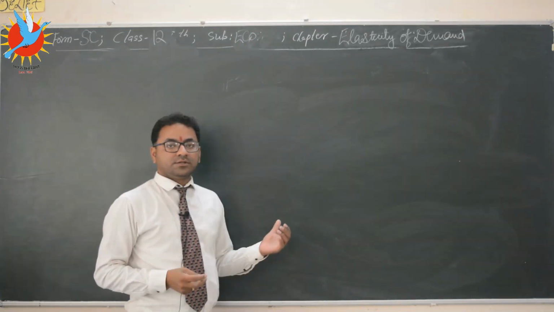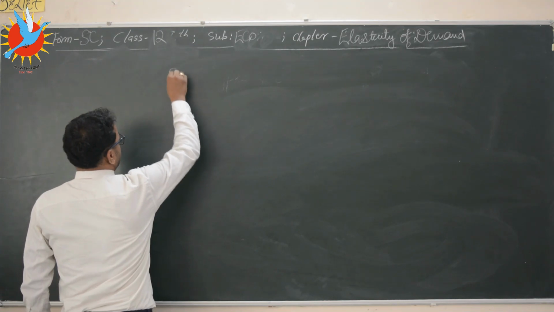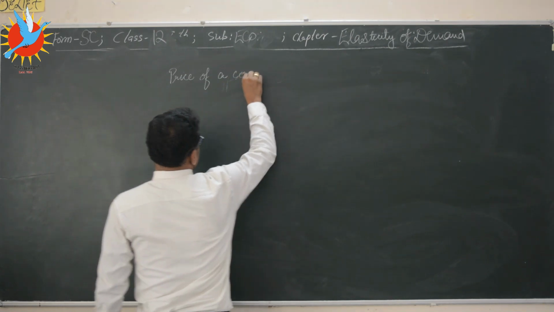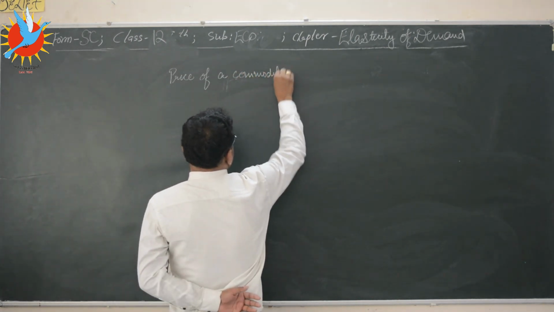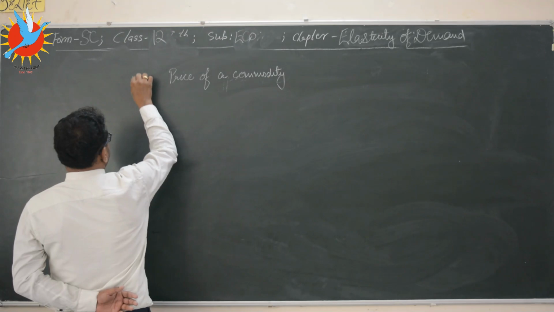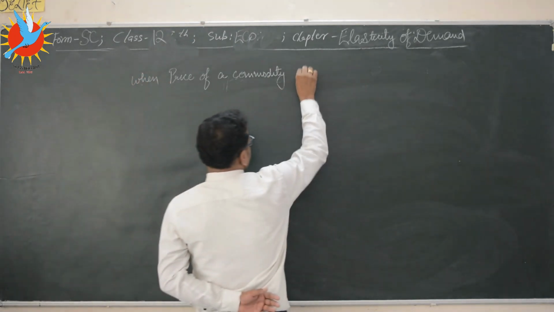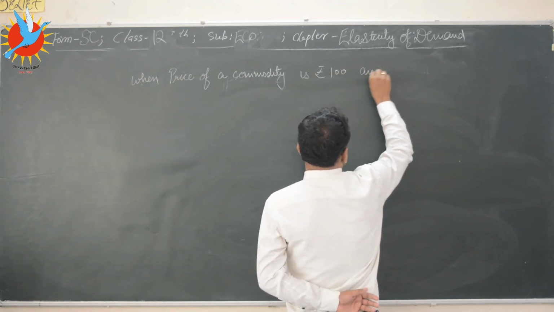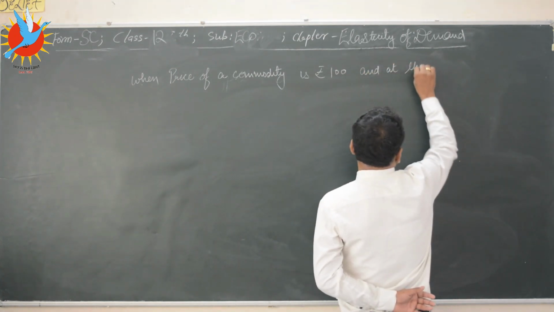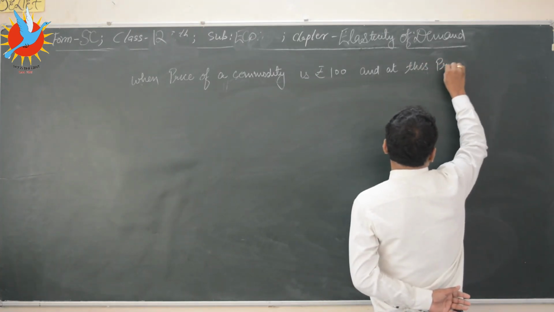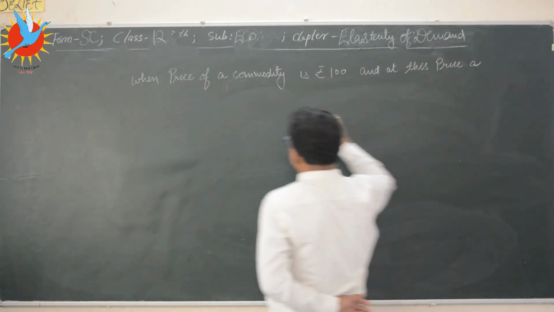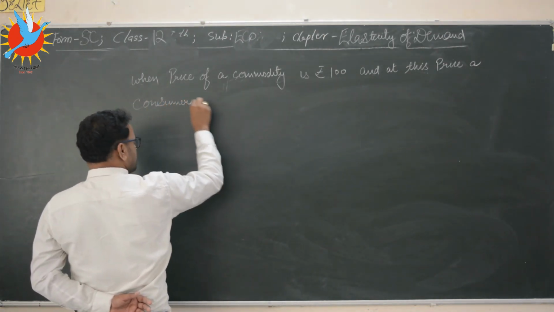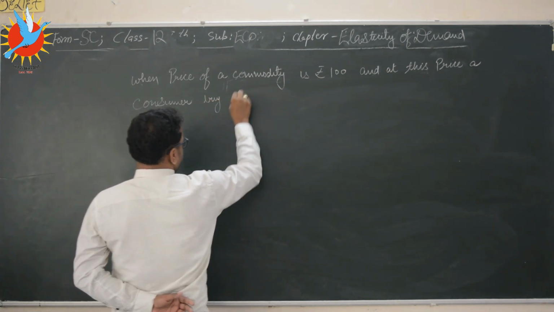Let us understand this by an example. Suppose the price of a commodity is rupees 100, and at this price a consumer buys 50 units.